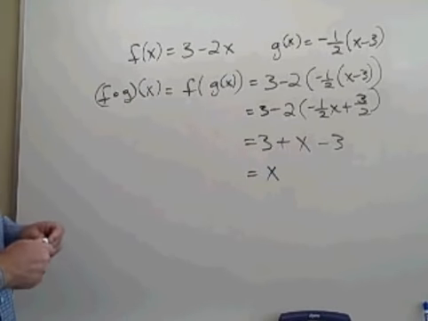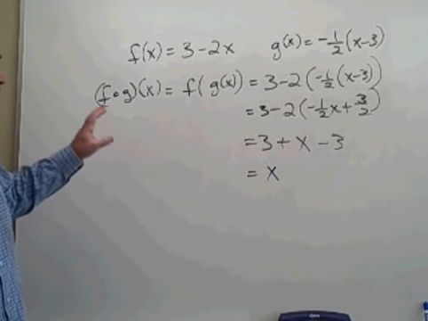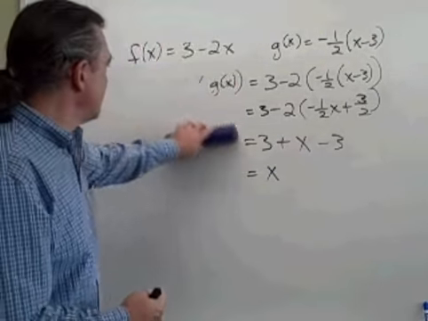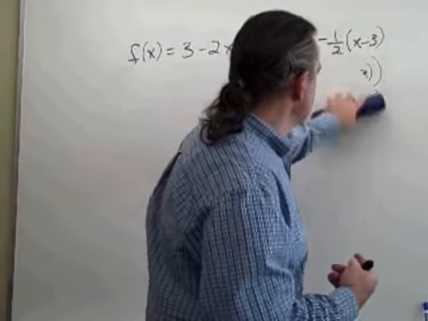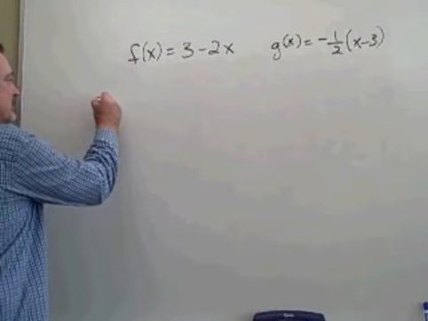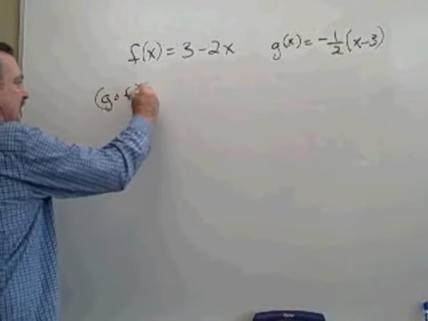Now, to complete the proof, I have to show that g composed with f also equals x. And if that's true, then these two functions are inverse functions. So let's find the composition of g composed with f.